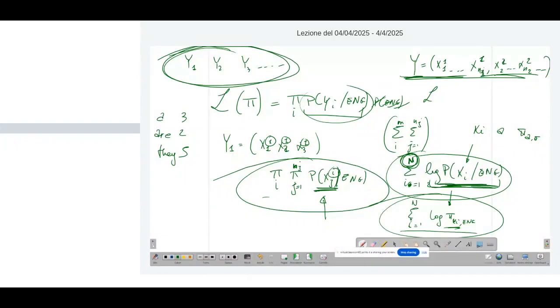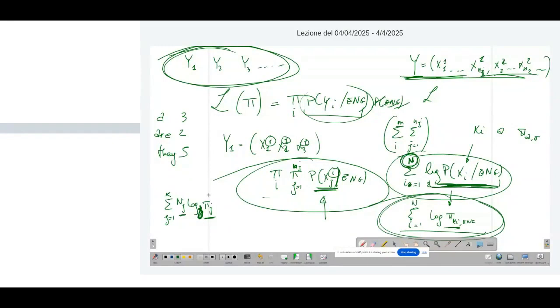What is this sum over all the words? Well, I can transform it into a sum over the words in my dictionary. If A appears 2 times, I will have the logarithm of pi A 2 times. So each word will appear n_j times.